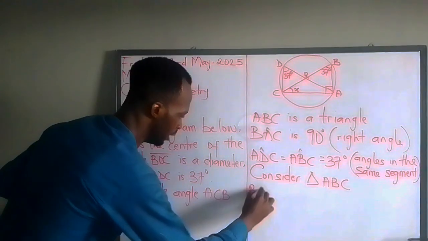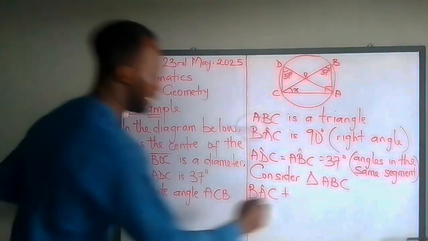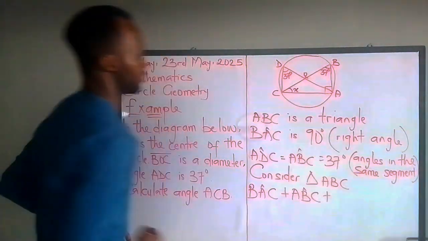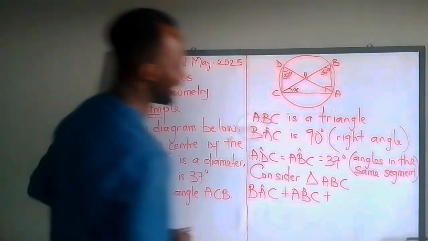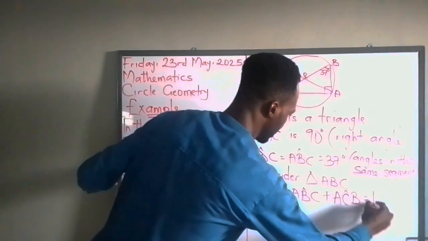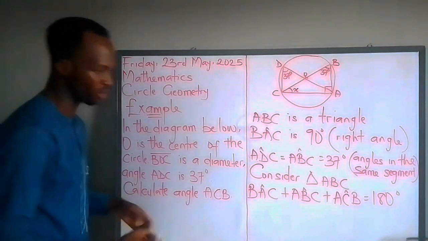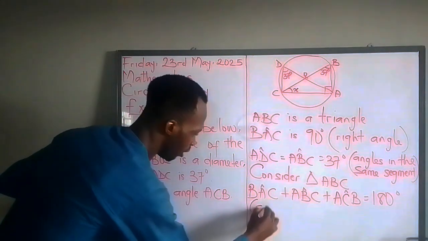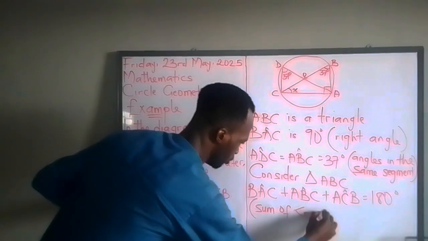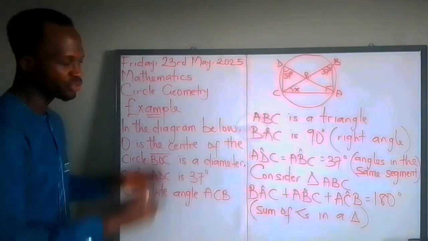BAC is an angle in the triangle, plus ABC, that's another angle, plus the third angle, which is what we're looking for, ACB, and the sum of the three equals 180 degrees. What's the reason? Sum of angles in a triangle.